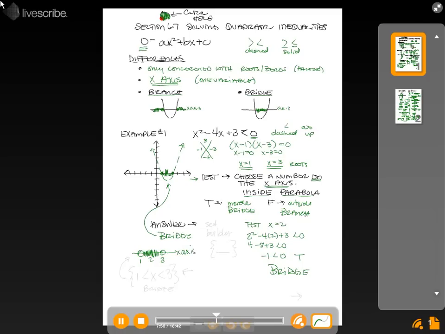Now I have to write my answer in set builder notation. Okay, and remember set builder notation: brackets, inequality, close your brackets. So I have to change what we've drawn here on the x-axis into an inequality.